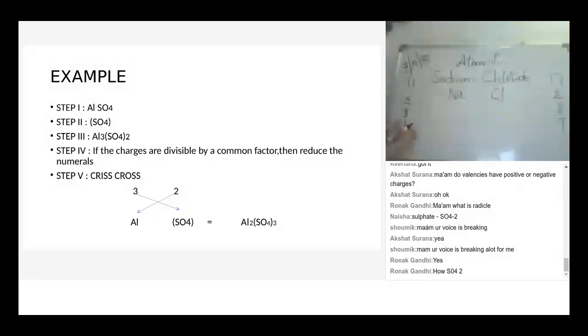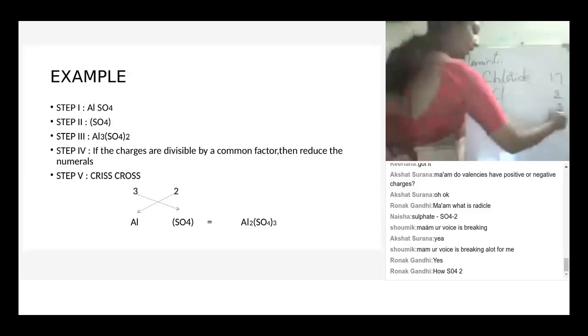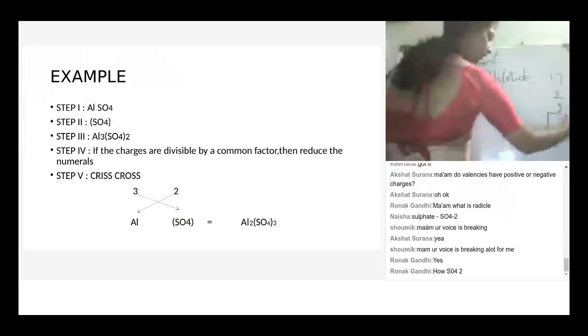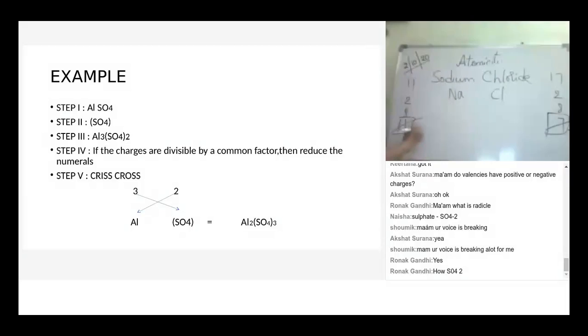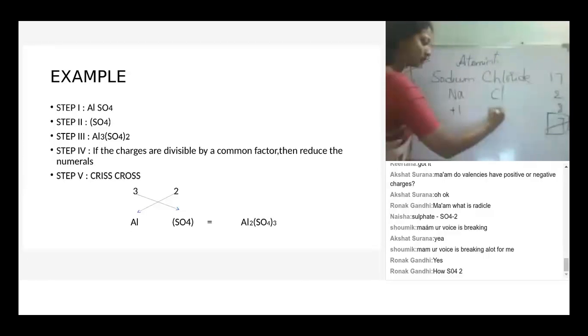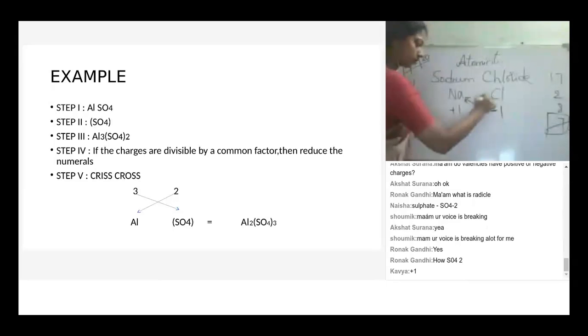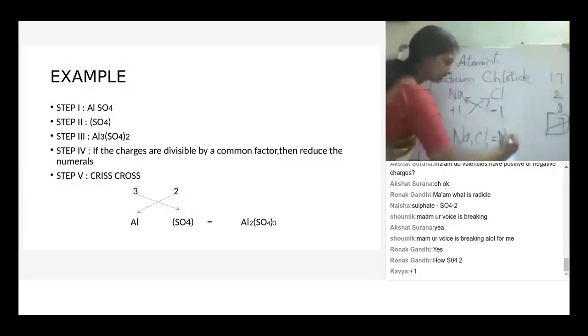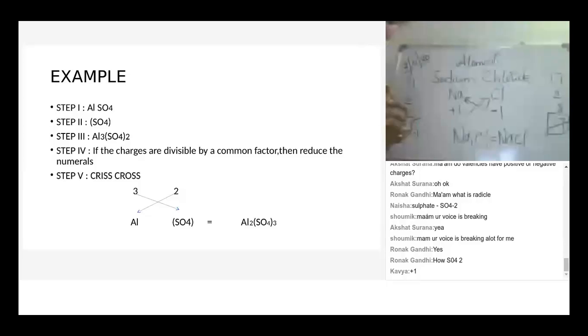So to get 8, sodium donates 1, and chlorine accepts 1. So what will be the charge of sodium? Plus, since it is donating 1. Chlorine is minus, it is taking 1. Crisscross. So sodium 1, Cl 1, with both opposite charges it becomes neutral, and the formula is NaCl.